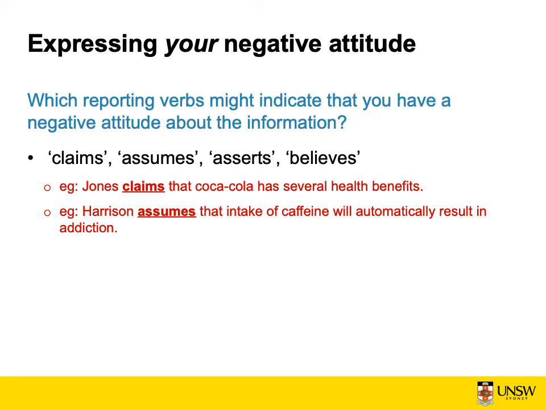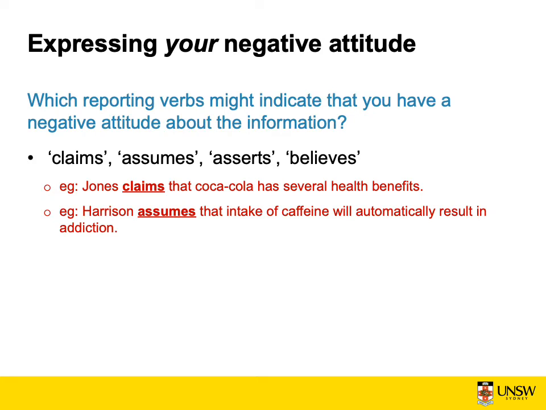You might have come up with words such as claims, assumes, asserts, or believes. So Jones claims that Coca-Cola has several health benefits. Here, the word claims does have almost a hint that you're suggesting it's not based on evidence.